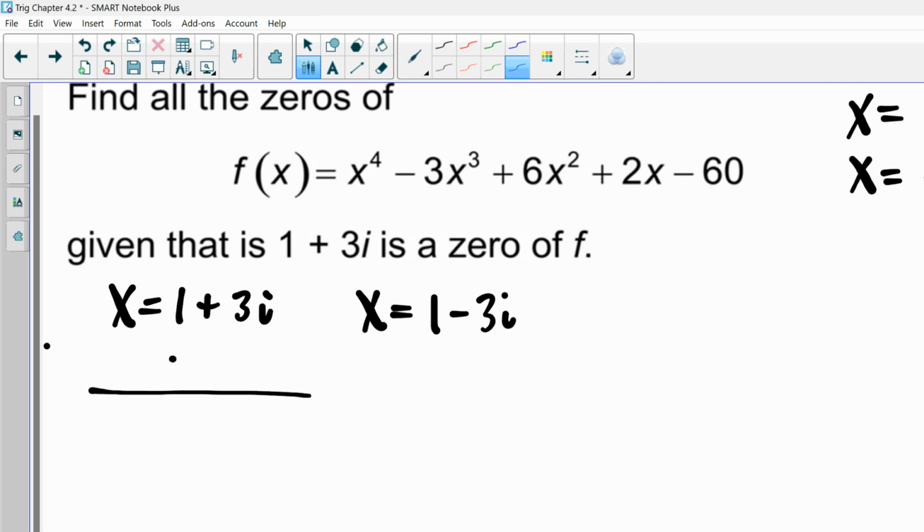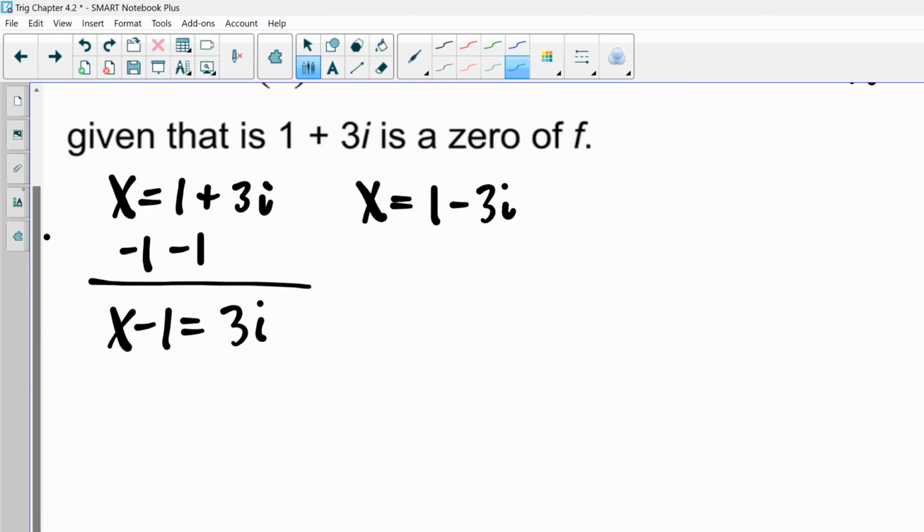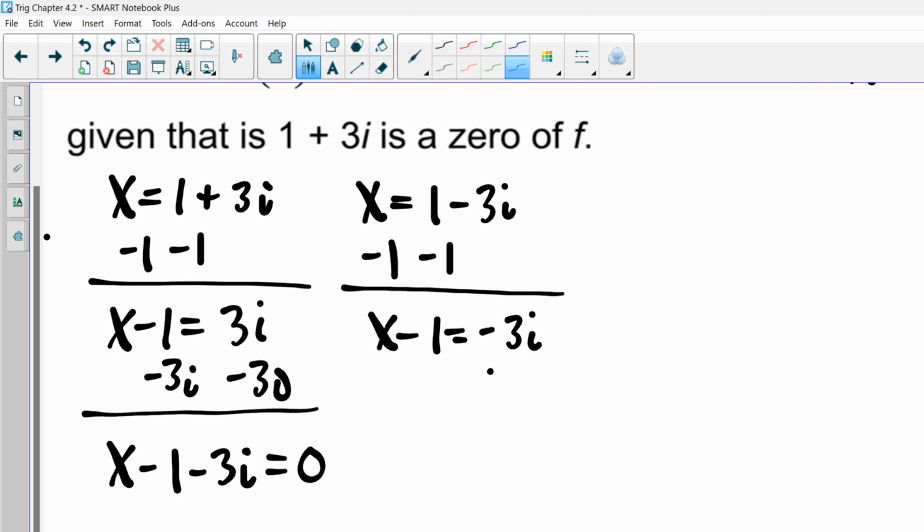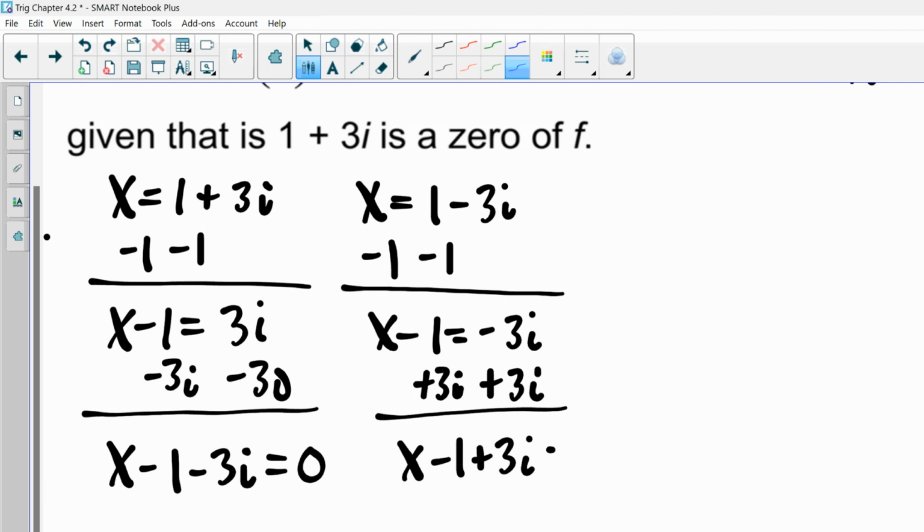So to do that, first thing we would do is subtract 1. Then we would subtract 3i, telling us x minus 1 minus 3i is 0. For the other case, again, we would minus 1, telling us x minus 1 is equal to negative 3i. Add 3i to both sides, telling us x minus 1 plus 3i is equal to 0.